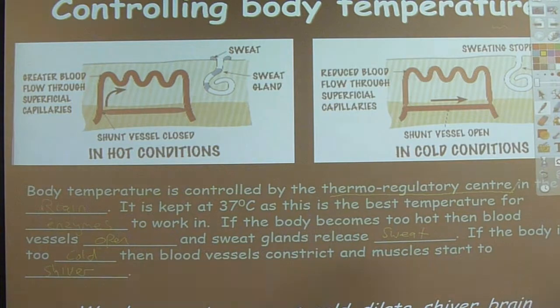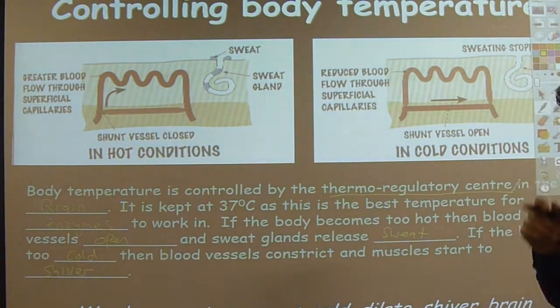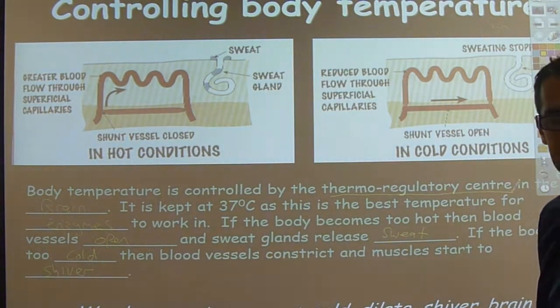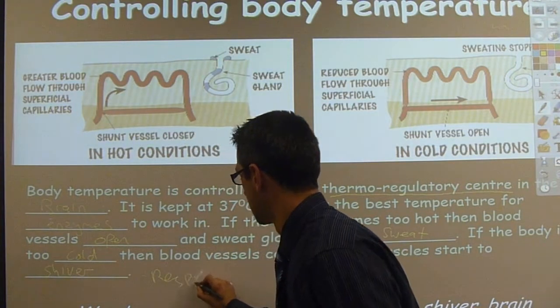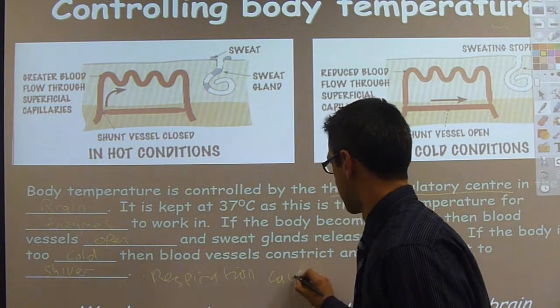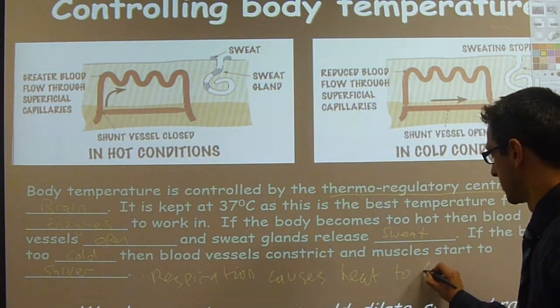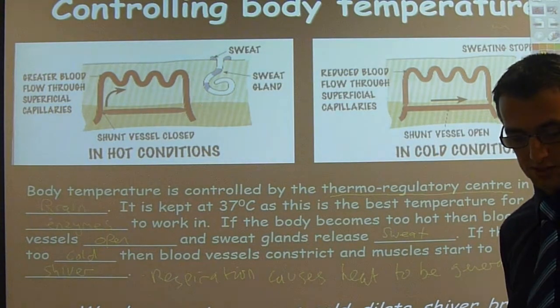Sweat glands release their sweat, and when the body becomes too cold, the blood vessels constrict and muscles will start to shiver, thus generating heat through respiration. Respiration causes heat to be generated. That's obviously therefore used to raise the body core temperature back up again.